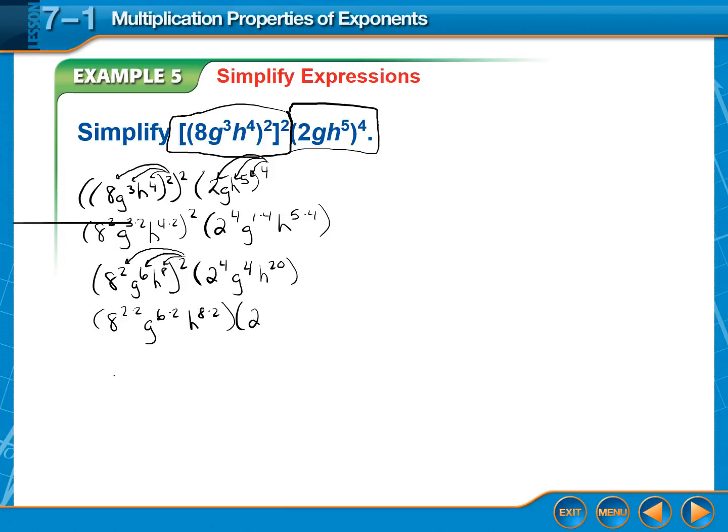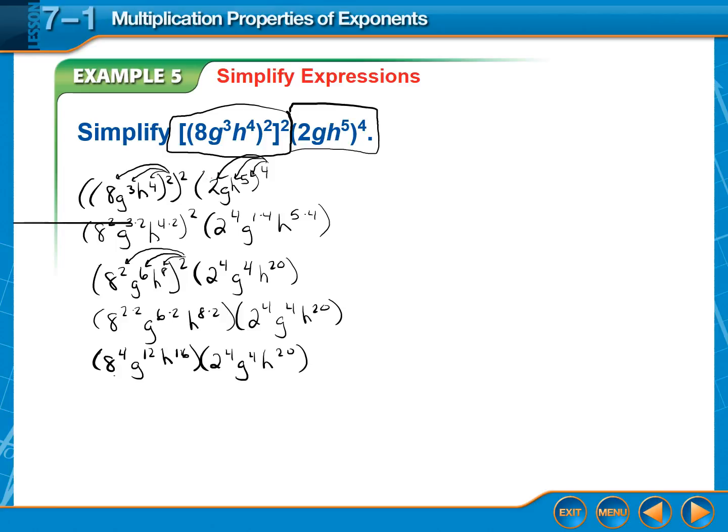And the second part of my expression for now is simplified, so I just write it down again: 2 to the fourth, g to the fourth, h to the 20th. So now let's combine my exponents here. 8 to the power 2 times 2 is 4. G, if I multiply 6 times 2, gives me 12. H, 8 times 2 is 16. And then 2 to the fourth, g to the fourth, h to the 20th again.